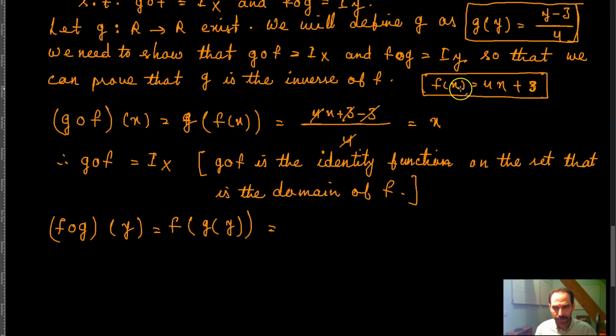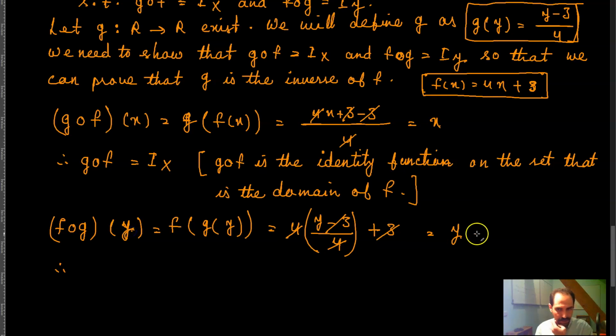In f of x, wherever you see the variable, you have to replace it with g of y. So I can write 4 times y minus 3 divided by 4, plus 3, and then these two will be cancelled out, and you'll be left with y.